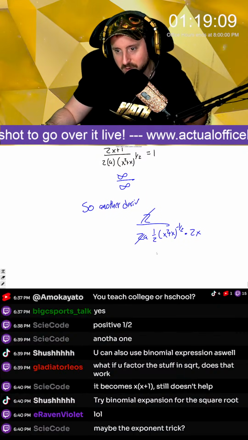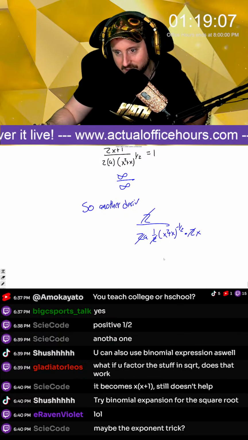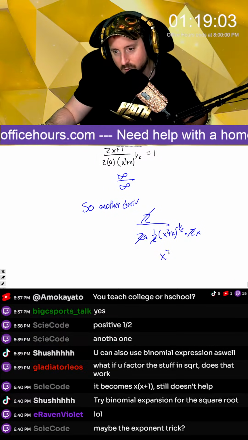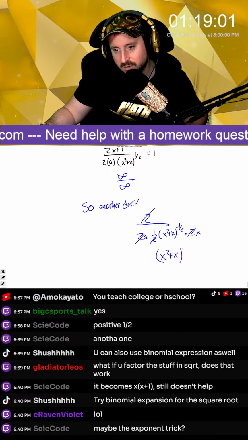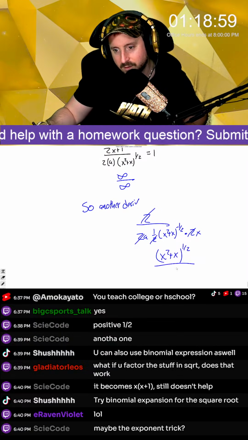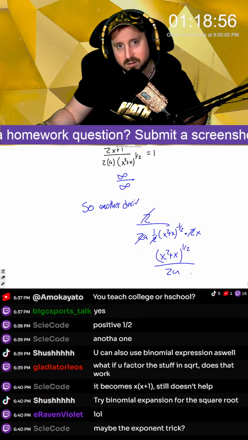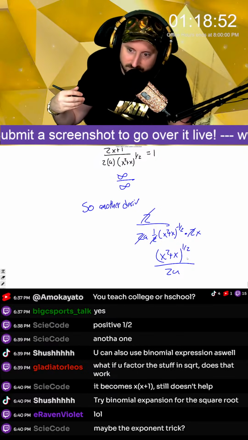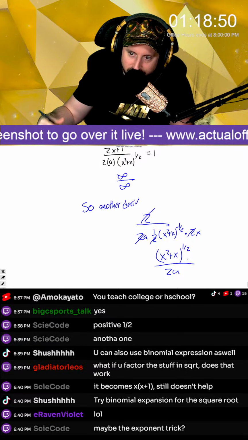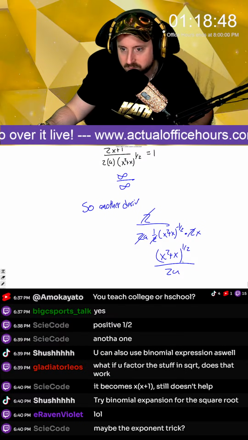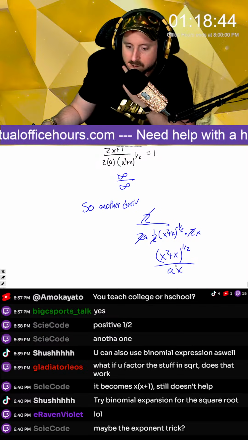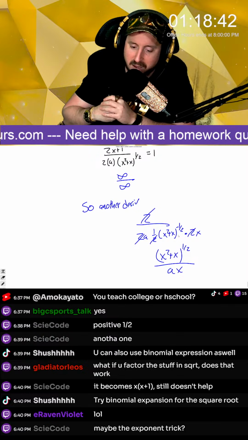Sure. But then you get... Oh, and then this cancels at least. So then you get x squared plus x all to the 1/2 all over 2ax, sorry. Actually, no, not over 2a. Just over ax. Yeah, this is going to keep oscillating back and forth.